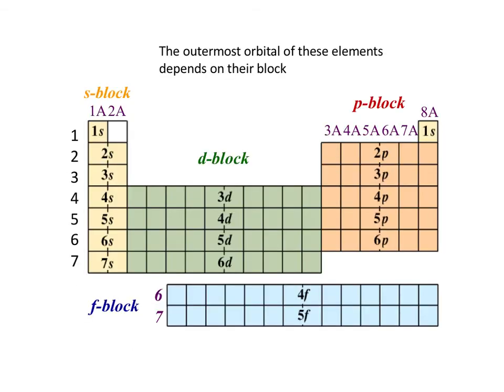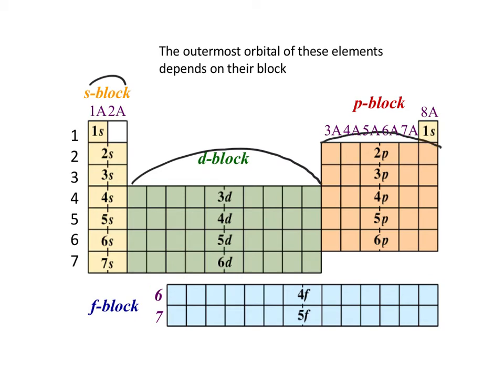Now, another organization pattern that you will see is that the periodic table is broken up into blocks. Okay, so the first two groups are going to be the S block. The 10 in between are going to be the D block.